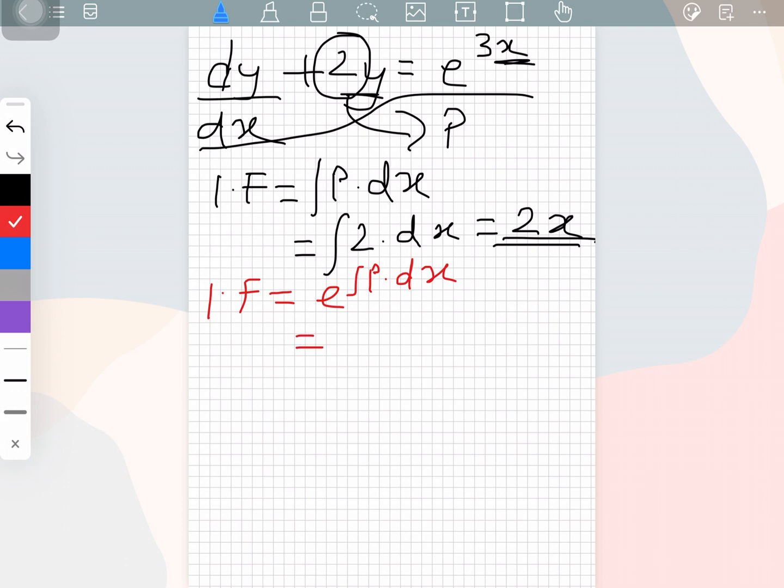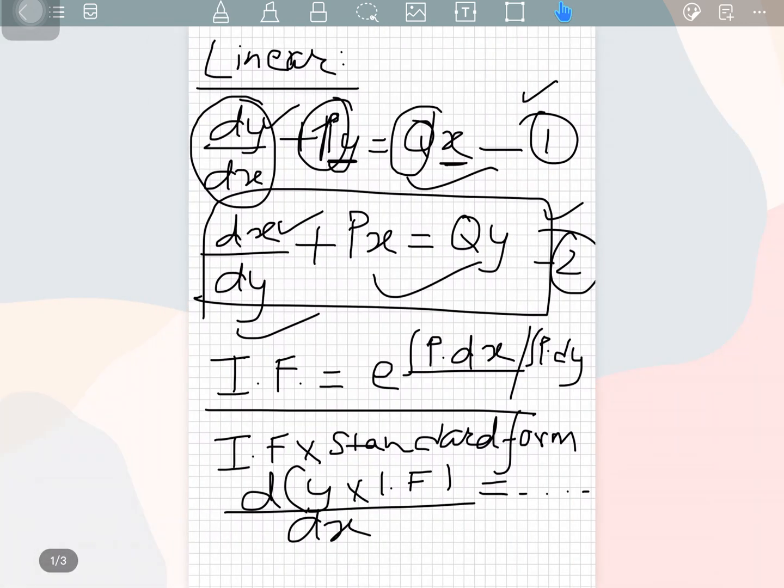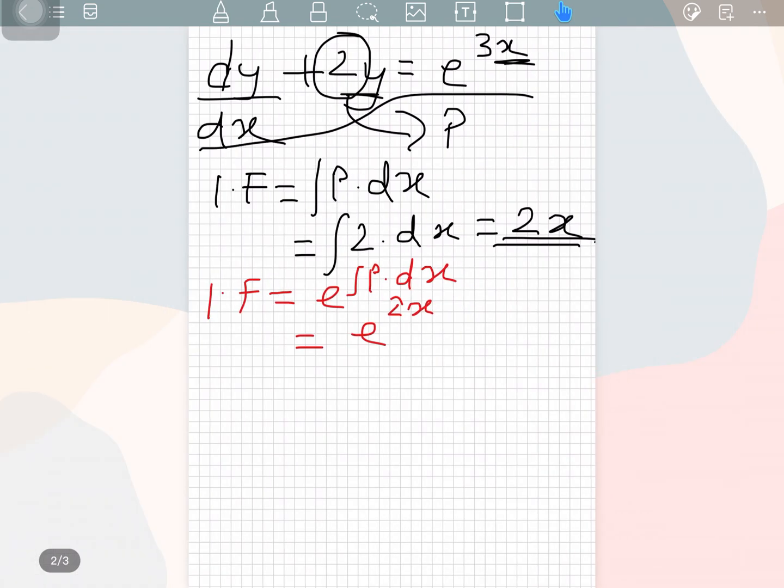So the final integrating factor is e to the power 2x. I hope you're getting that. I've told you that the integrating factor is e to the power integration of p dx, and here the integral of p dx is 2x, so the integrating factor is e^(2x). So now let's solve the question.